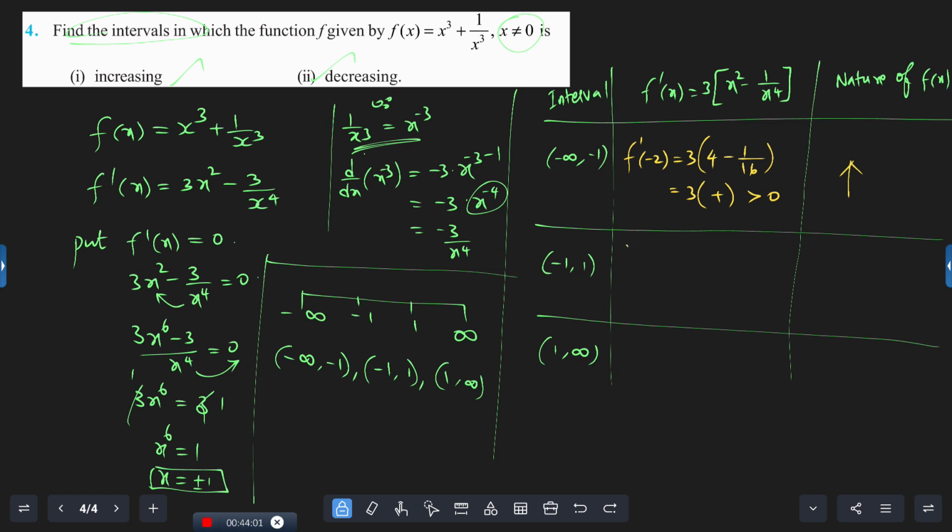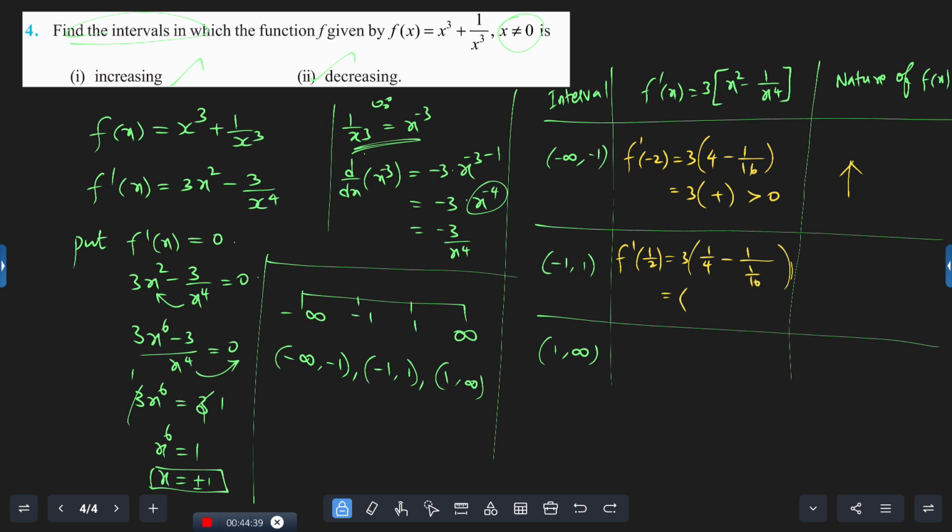Let me take 0.1. f dash of 0.1: 3 into 0.1 square, 0.01, minus 1 divided by 0.1 whole power 4. Oh, I don't want decimals, I'll take 1 by 2 instead. 1 by 2 square is 1 by 4. 1 divided by 1 by 2 whole power 4 is 16.